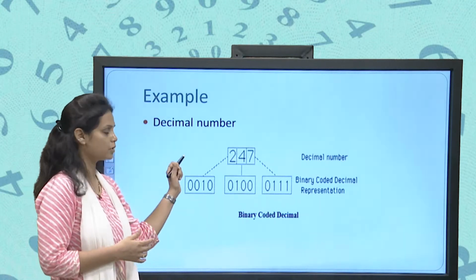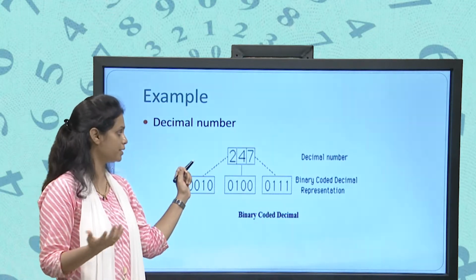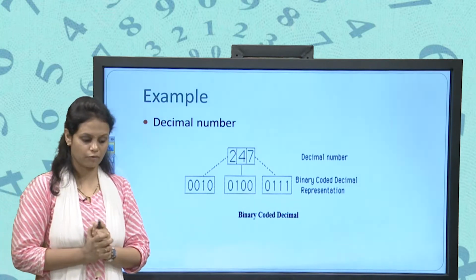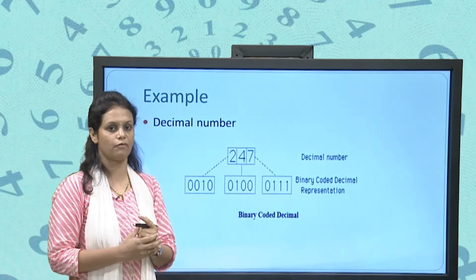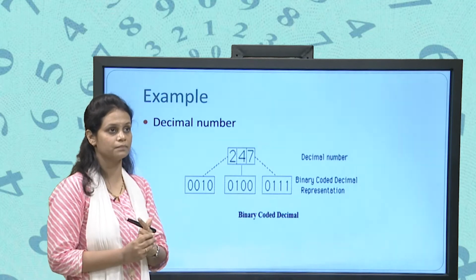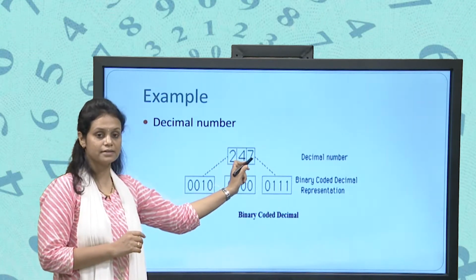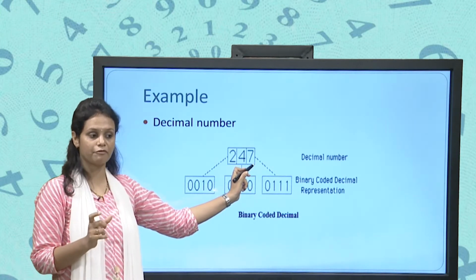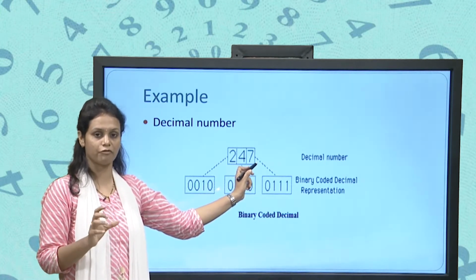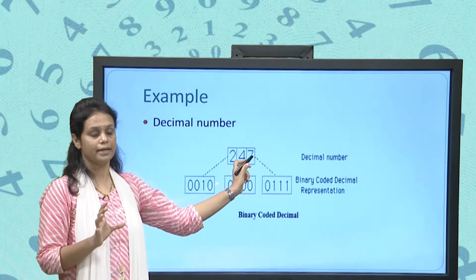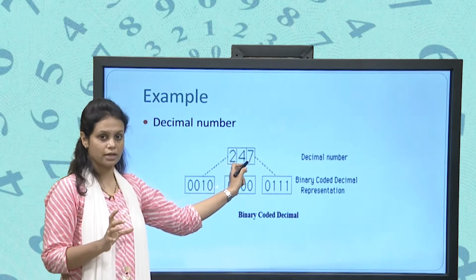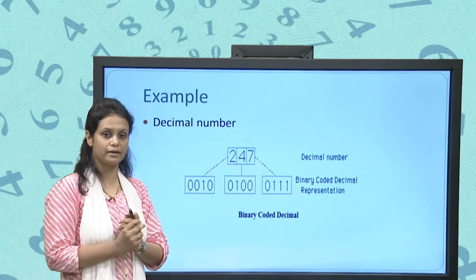But while we are working on the binary coded decimal, make sure each and every digit is represented separately by 4 bits, a combination of 1 and 0, right. Each and every digit is using a 4 bit number.